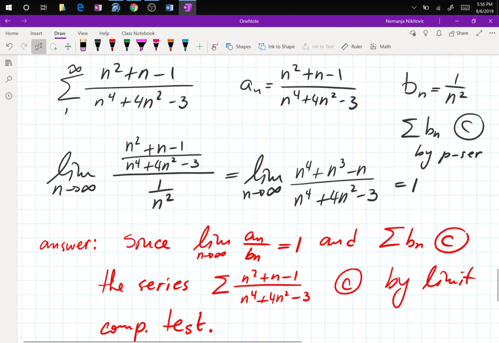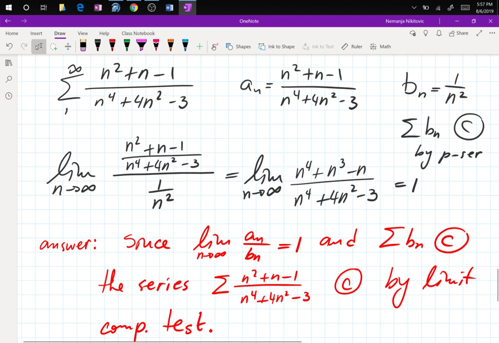Because when you divide by 1 over n, this becomes n cubed over n to the fourth, and that's going to be a 0. But if you take a look at your conditions, it says if it's a 0 and this one is convergent, but then we pick 1 over n, which is divergent. So something has to fail if you are making a wrong choice.